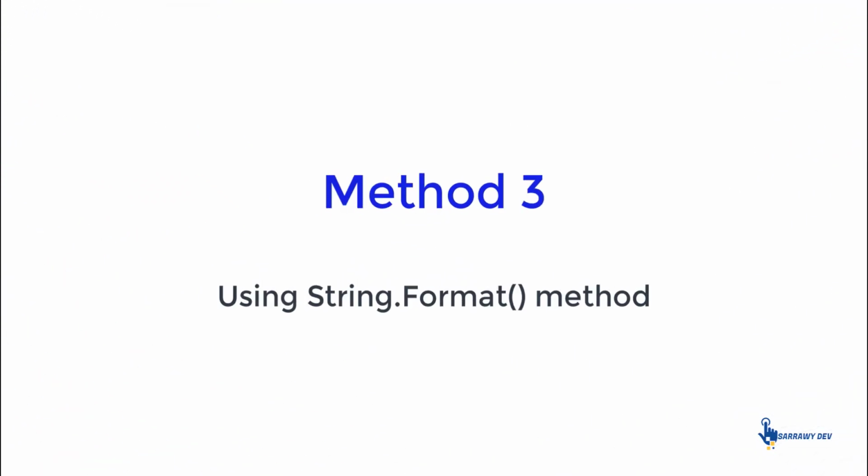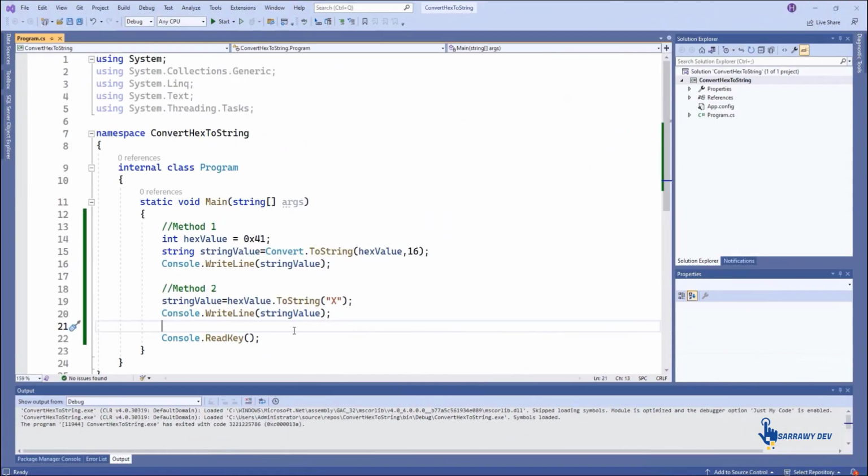Method 3. Using String.Format method. Another way to convert hexadecimal to strings is to use the String.Format method. This method allows you to format a string by replacing placeholders with values.